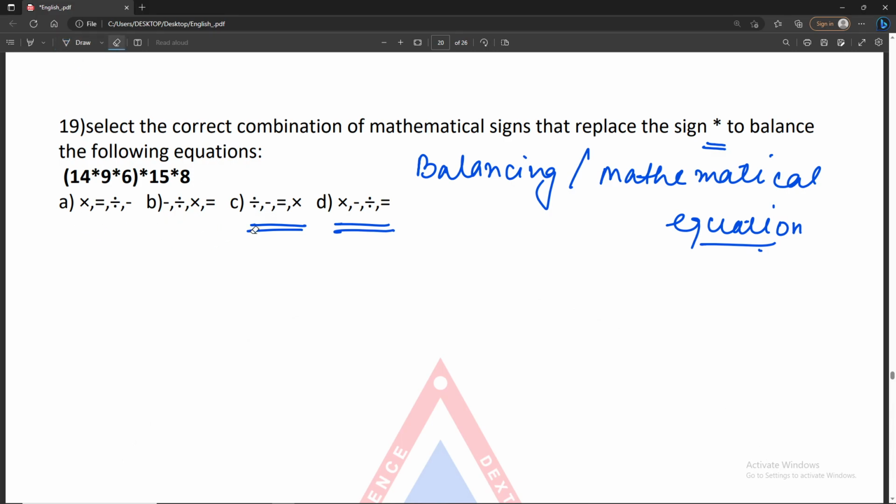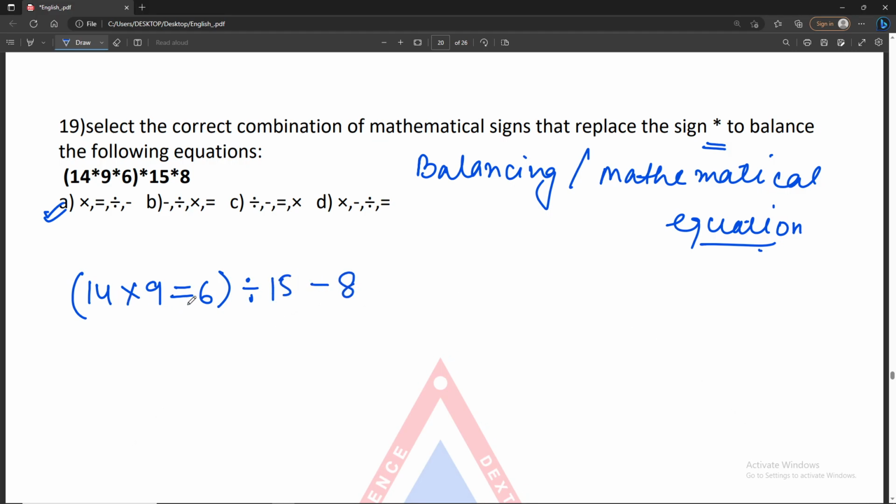Okay. So the first one states 14 multiplied by 9, which is equals to 6, it's in bracket, divided by 15 minus 8.